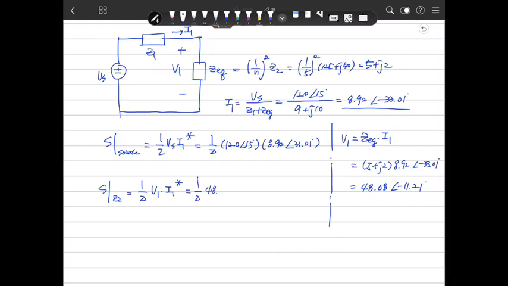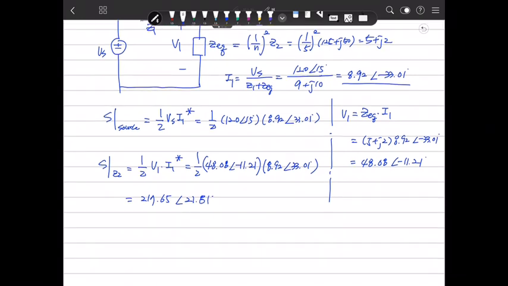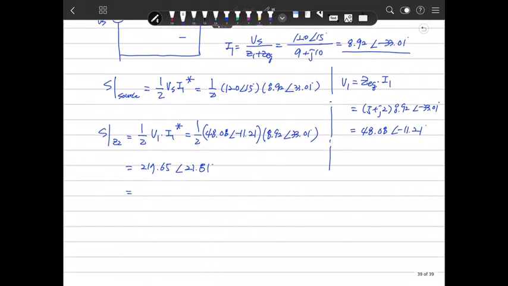Half V1 is 48.08 at minus 11.21. And the current conjugate is 8.92 at 33.01 degrees. So the result is 27.65 at 21.81 degrees.